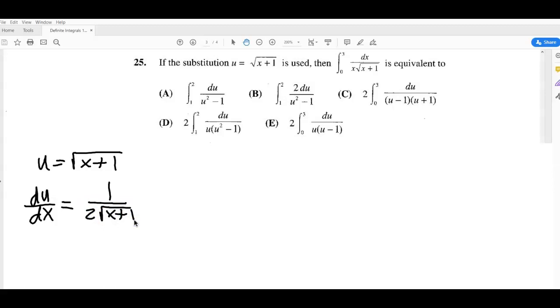Usually need to multiply it by the derivative of the inside, but the derivative of the inside here is 1, so that's good. And remember, I want to get everything with a u now. So I want to get dx by itself. So I'm going to multiply both sides by dx first, and then I'm going to multiply both sides by that. And so if you do that, you end up with the following expression.